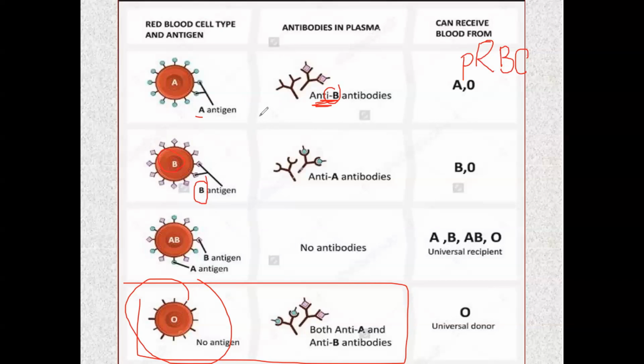Eh si patient na ang blood type niya ay A, meron siyang anti-B. So si anti-B, pag nag-transfuse ka ng blood na kung saan merong B antigen, magbabind silang dalawa and it will form agglutination and will cause transfusion reaction to the patient. Okay? So, next.